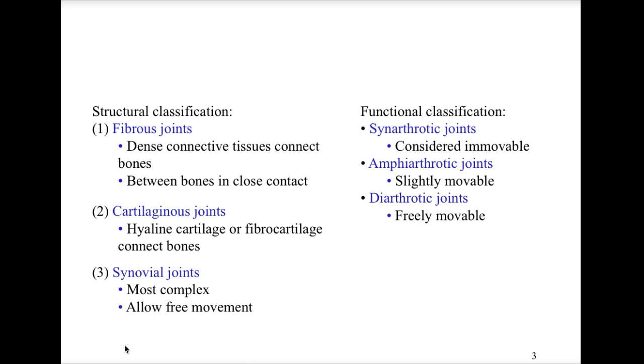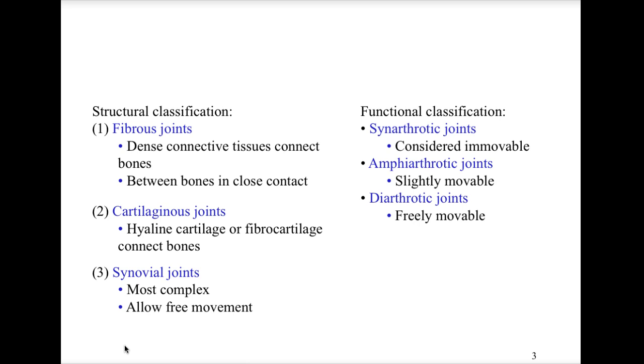They are fibrous joints, where you have dense connective tissue connecting the bones between bones in close contact. Then you have cartilaginous joints, where hyaline or fibrocartilage connects the bones. And then the most complex are synovial joints, which are complex joints that allow for a lot of free movement. We'll look at movement terminology later in the chapter.